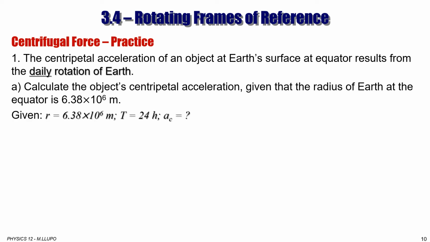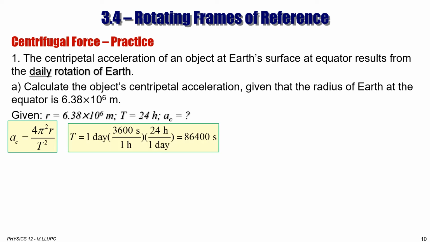So what is given is the radius, and the period is 24 hours for a full rotation, and acceleration is required. So we know the formula that involves the period, 4 pi squared r divided by T squared. The period is for 1 day, one full rotation. It happened in 24 hours, and 1 hour is 3600 seconds.